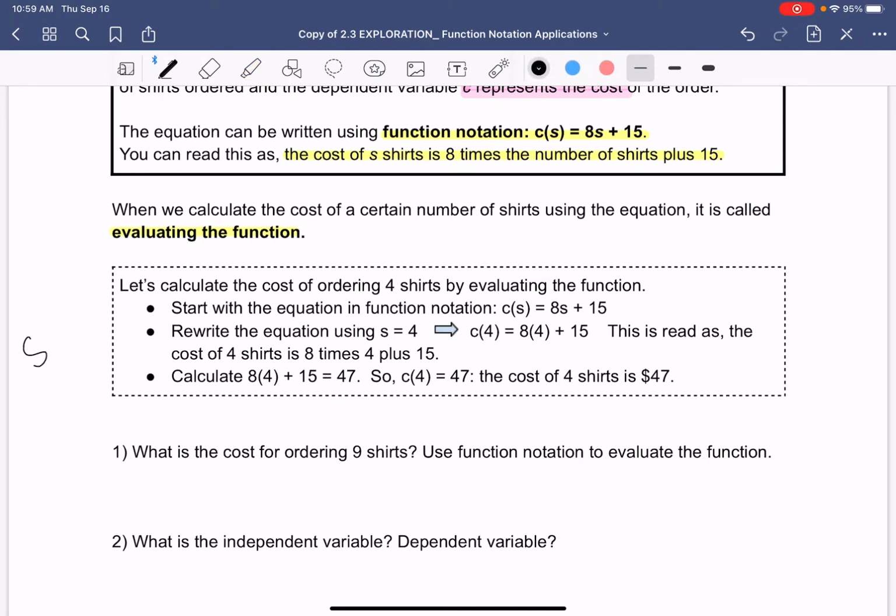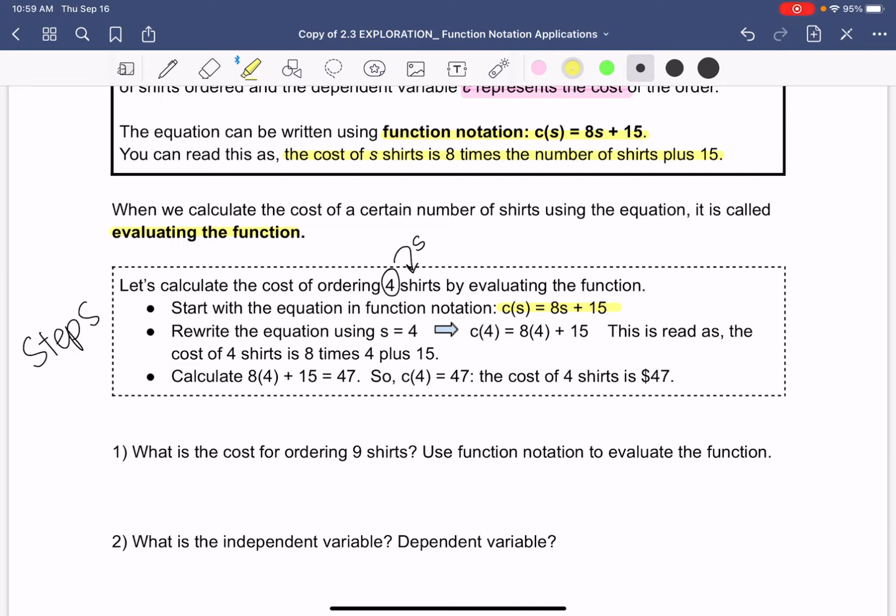So your steps are right here. Let's calculate the cost of ordering only 4 shirts. Because we're ordering 4 shirts, 4 is going to be plugged into S. You start by writing your function notation, which is the cost of shirts equals 8S plus 15.